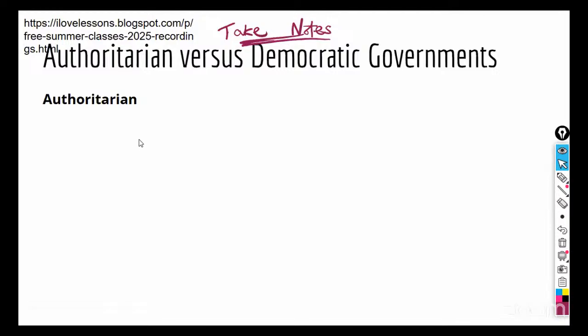So first I'll talk about authoritarian. And we're doing this because we want to learn about democratic governments, which is generally the type in the English-speaking Caribbean, right?